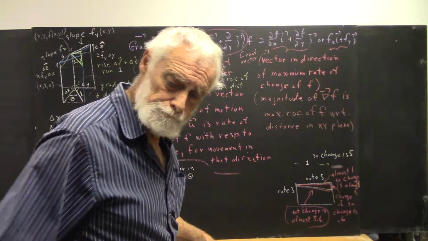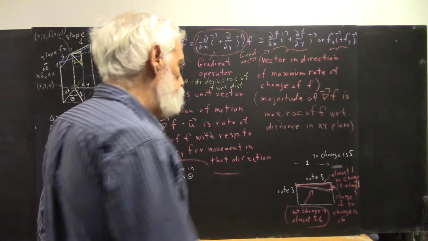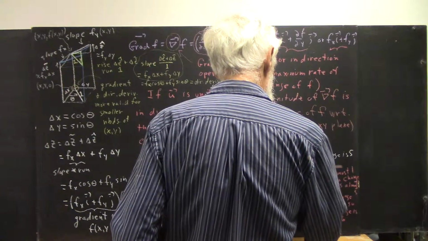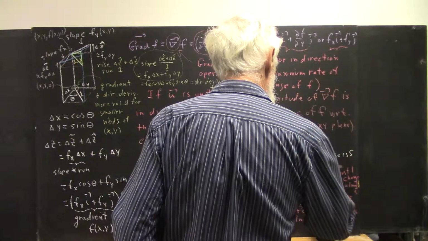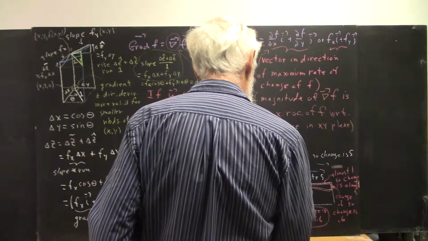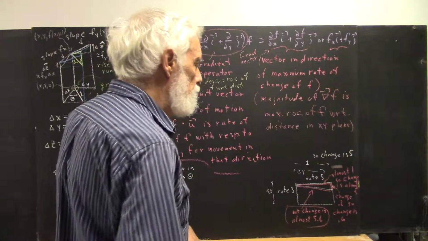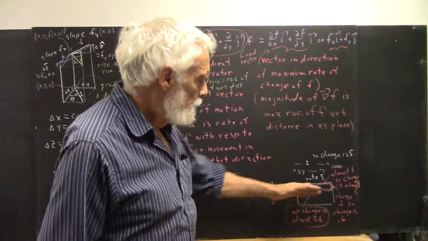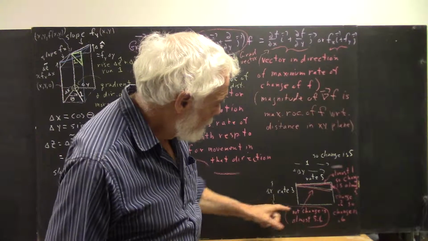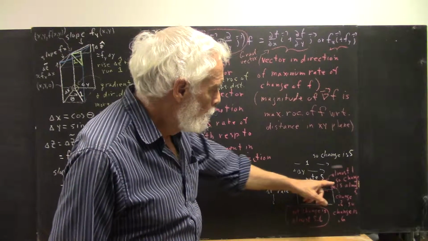So this was clear to the student when I explained it. But so my delta y is from here to here. My delta x, let's say, is from here to here.